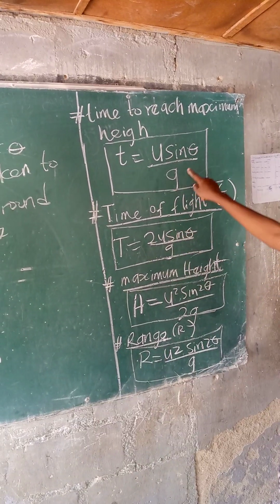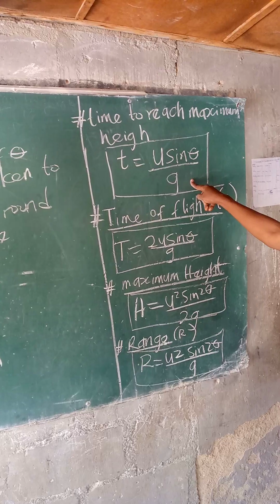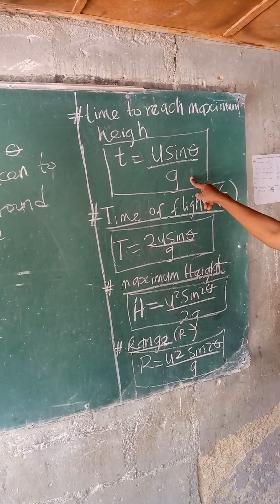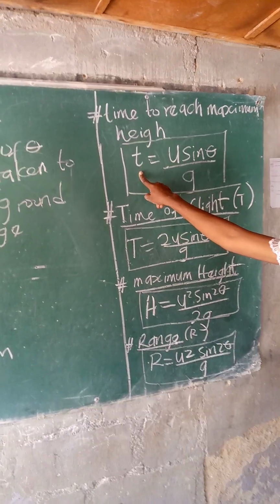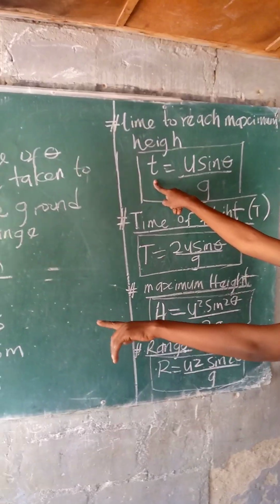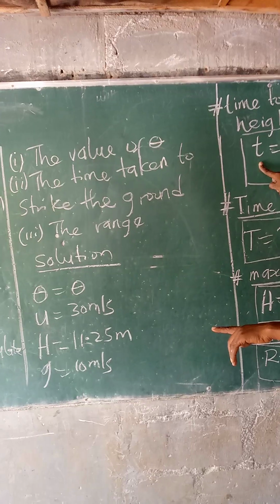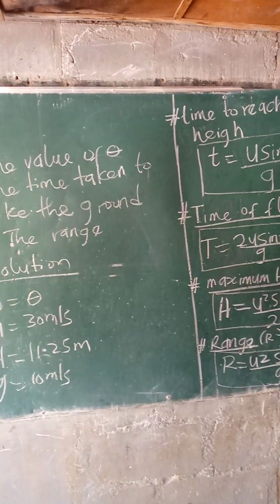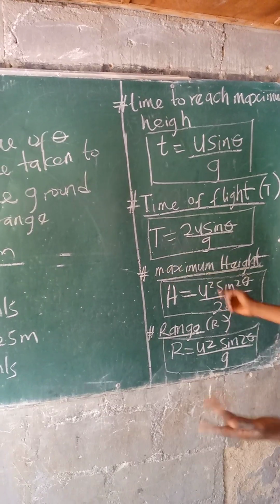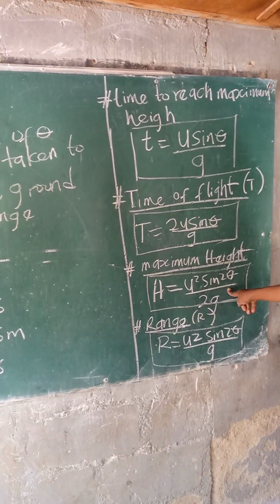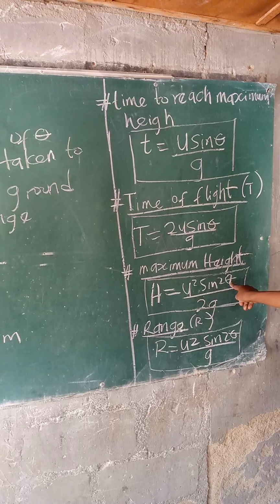So we can't use this because we don't have small t. We can't use this either because we're not given big T. This one, we are looking for theta.